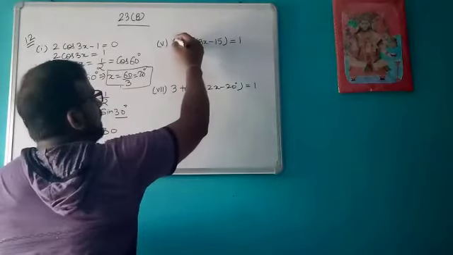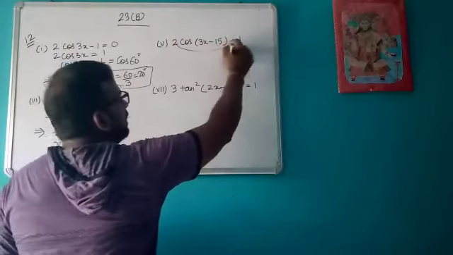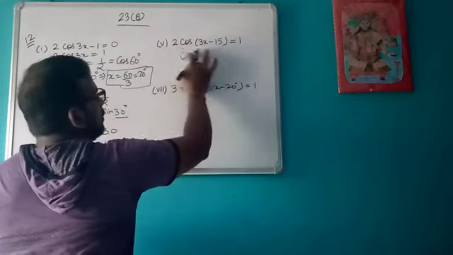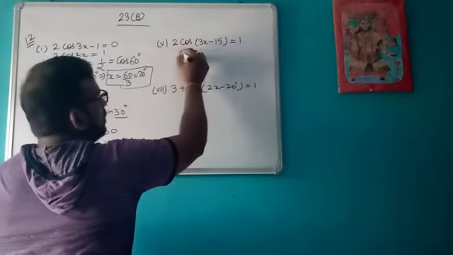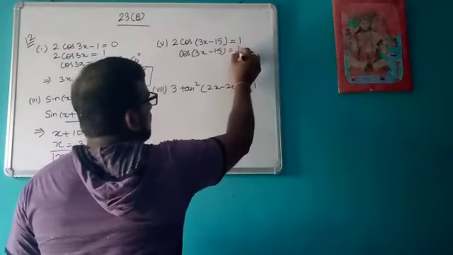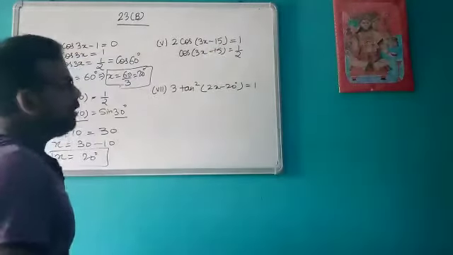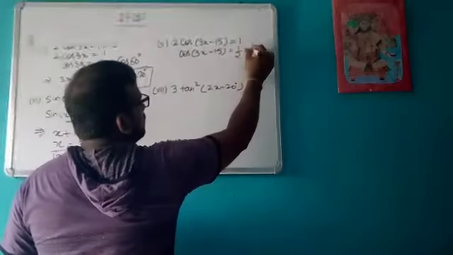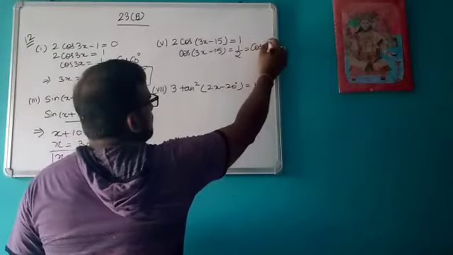Now in this type what we will do, 2 will come here and you will get cos 3x minus 15 is equal to 1 by 2. And when cos is 1 by 2, like we have done here, it is 1 by 2 when it is equal to 60 degree.